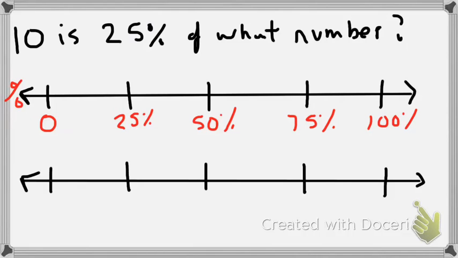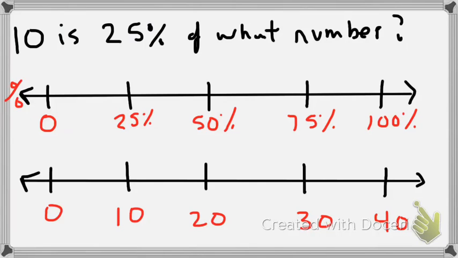The next line I'm going to start with 10. So 0, 10, and I'm going to increase each line by 10. 10, 20, 30, 40.